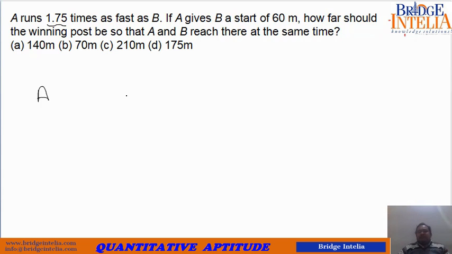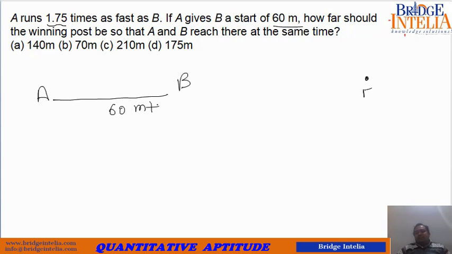So A knows that he runs fast. That's why he gives B a start of 60 meters. Giving somebody a start of 60 meters means what? They both are participating in a race and A knew that he runs fast. So therefore he gave B an advantage. A start of 60 meters means he asked B to stand 60 meters ahead.